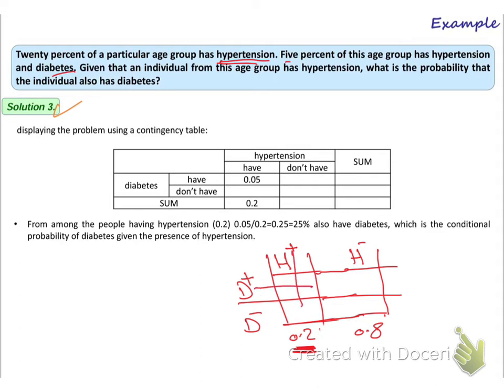So in this area, 0.05. From this one, I have the total 0.2. The non-diabetes has to add up with 0.05 to 0.2, so this one will be 0.15. So 0.05 plus 0.15 equals 0.20.